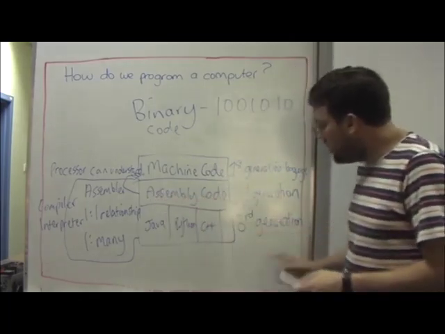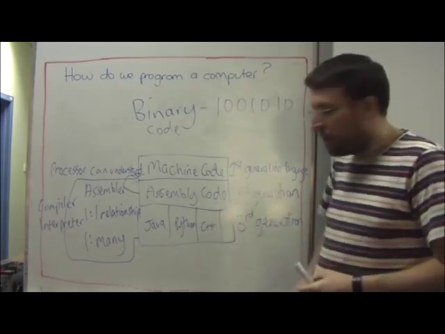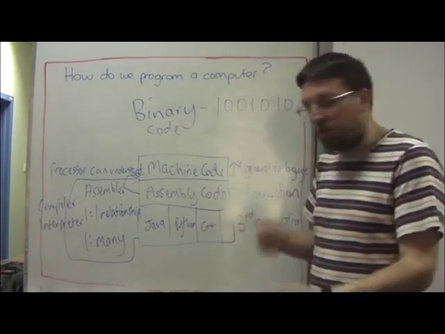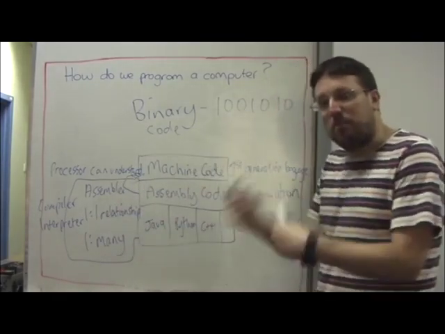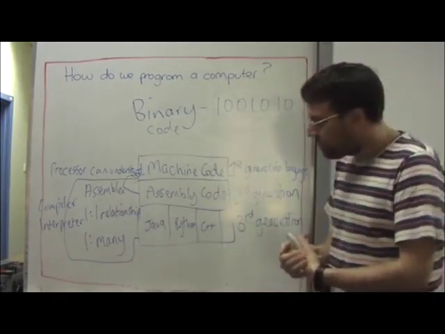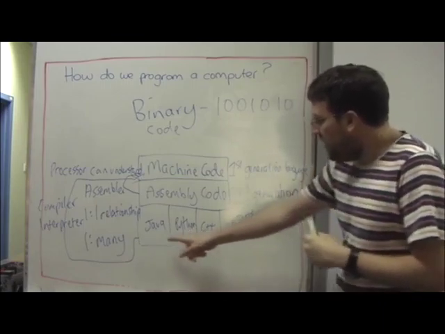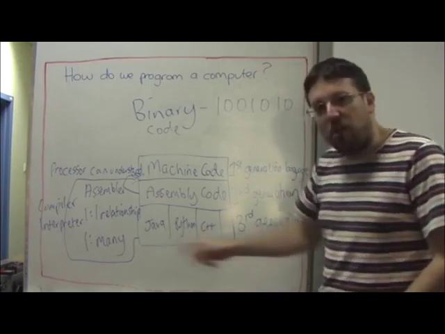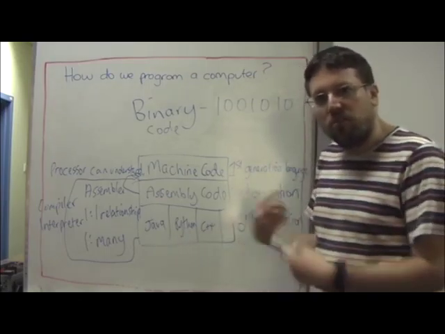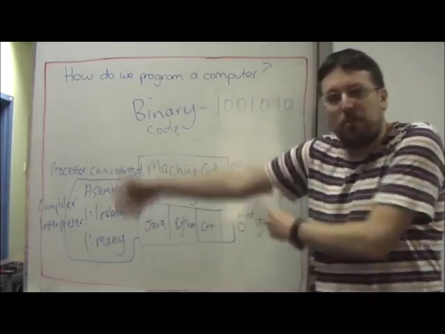But in a third generation language, the processor is less important. You use a compiler or an interpreter to turn it into instructions for that particular processor or CPU. So we say these programs are portable: you can use them on different computer systems.